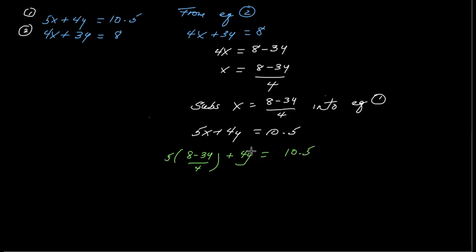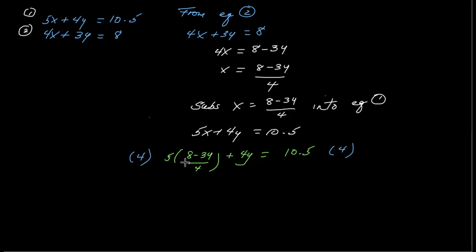At this point, I have no x's in here, but I have a fraction, and I've got to get rid of this fraction. We're just going to multiply by 4, but we're going to multiply everything on this side of the equation by 4 and the same over here. The reason for that is simply to get rid of this, right?